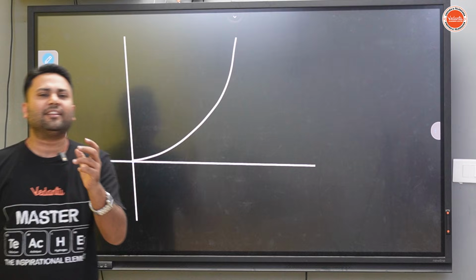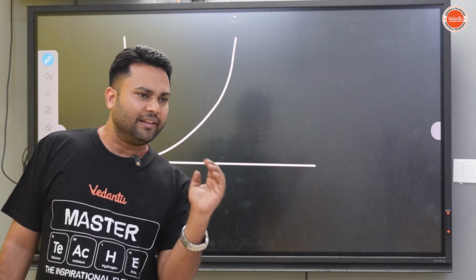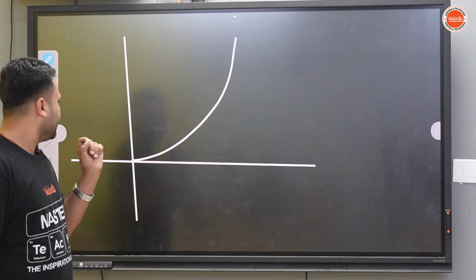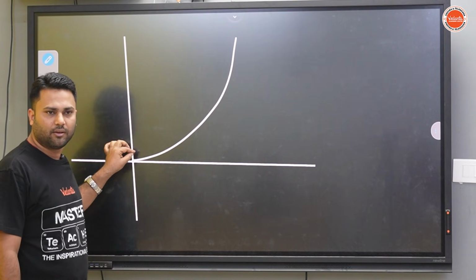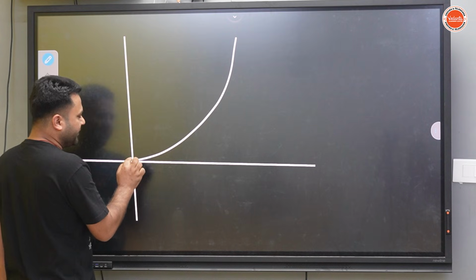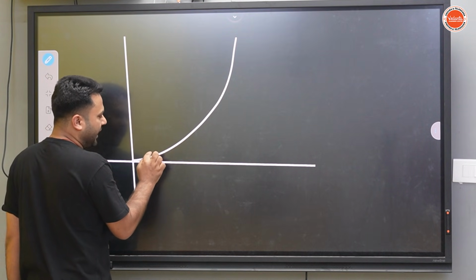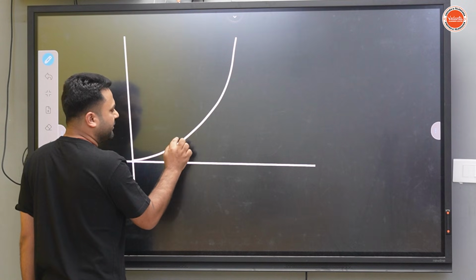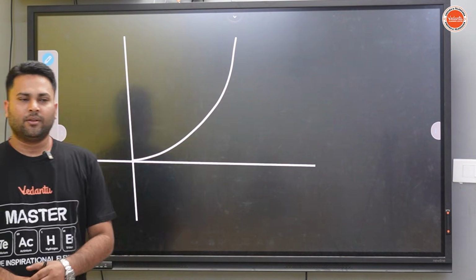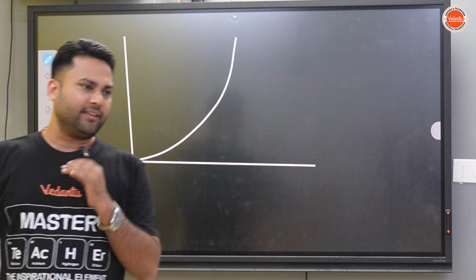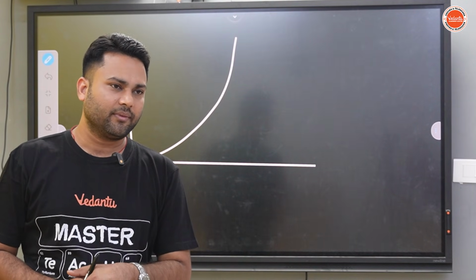If you want to feel the slope, think that on this line you are trying to ride a bicycle. Here it will be a little bit easy. As you move forward, it will become tough, and here it will be the toughest. So where it is easy, the slope is less, and where it is the toughest, the slope is maximum, correct?